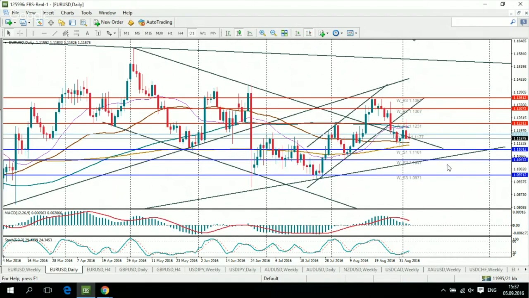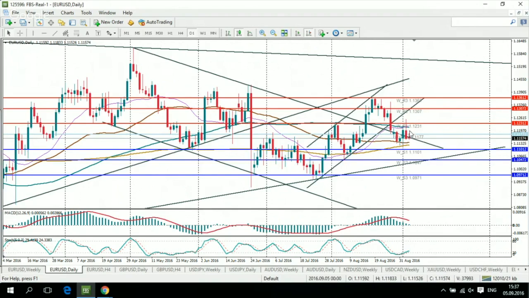It is at 1.0971, and this level will come into play only if the European Central Bank surprises the market and delivers some great monetary easing package or gives really strong hints on its desire to further ease monetary policy in the euro area.